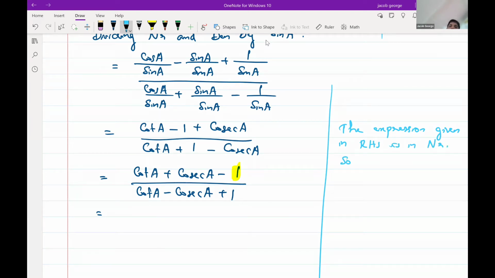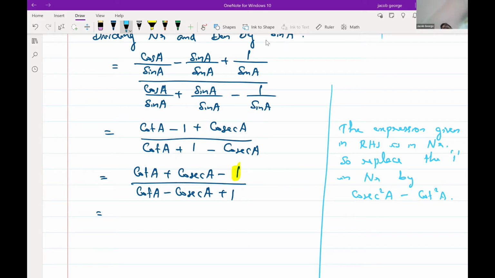So replace the 1 in the numerator by this formula, cosec square A minus cot square A. This is the reason for replacing 1 in the numerator.